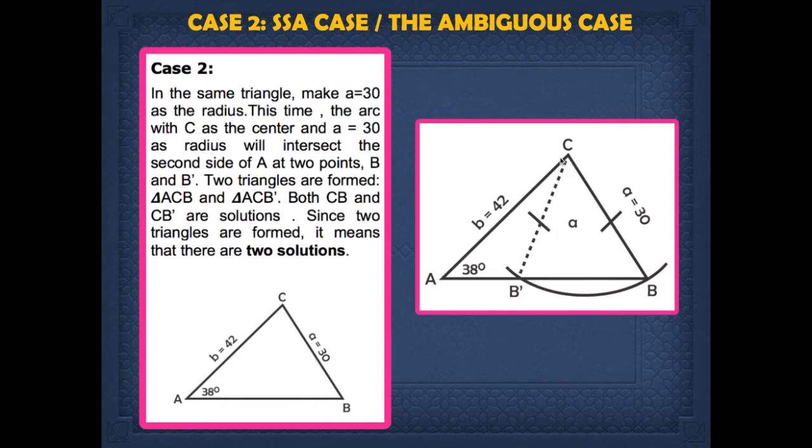Since two triangles are formed here, it means that we will have two solutions. So this case produces two solutions. Why two solutions? Because two triangles were formed here.